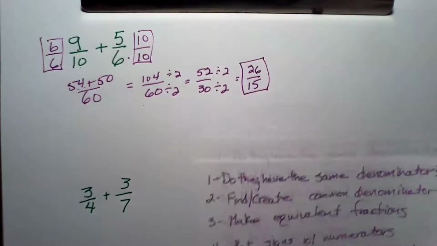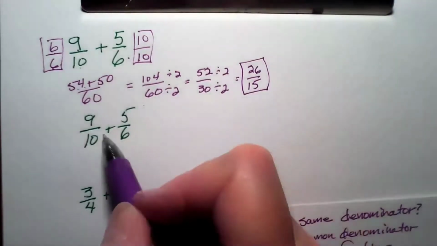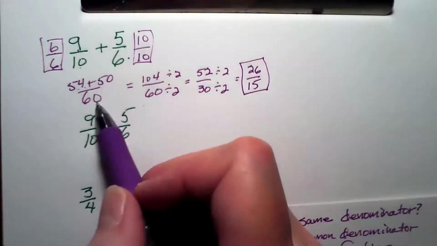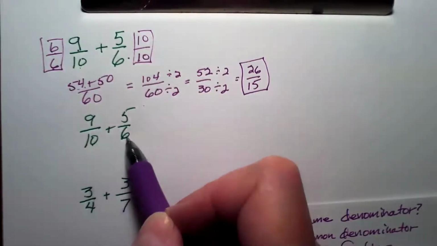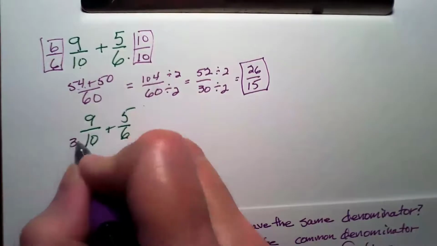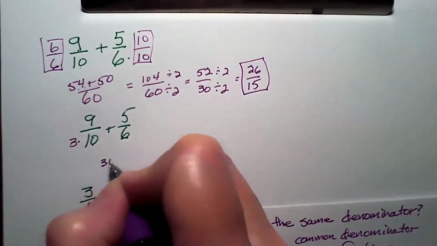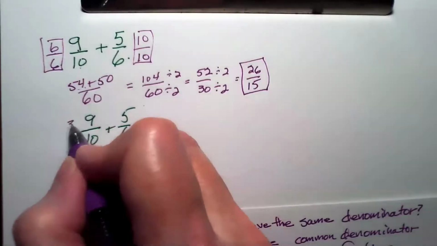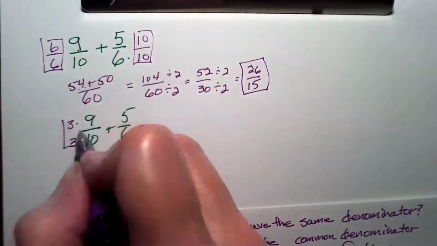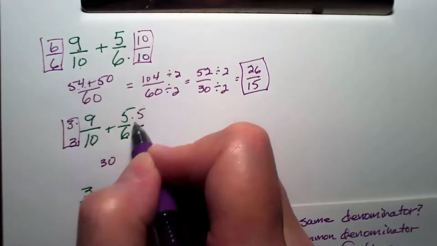The other way this one could be done, I could think, is there something smaller than 60? That if I multiply this times something, it'll turn it into it and this. So I could multiply this times 3, and it'll be 30. And I could multiply 6 times 5, it'll be 30. So then it would be 3 times 9, and it would be 5 times 5.